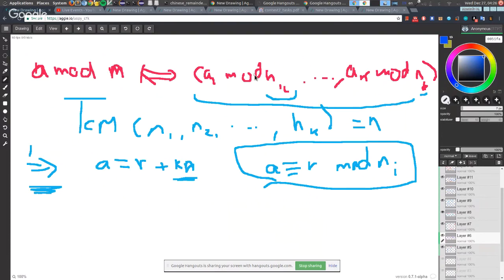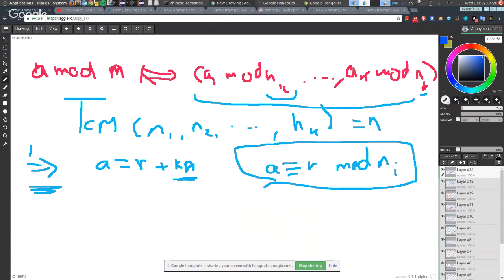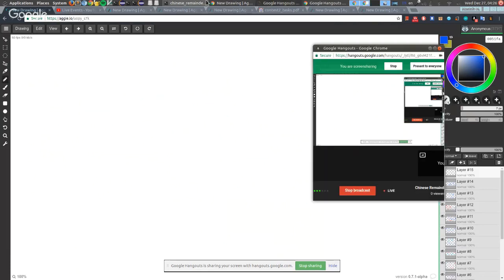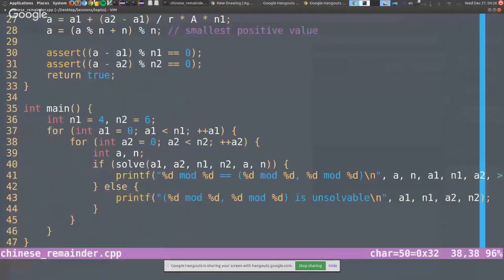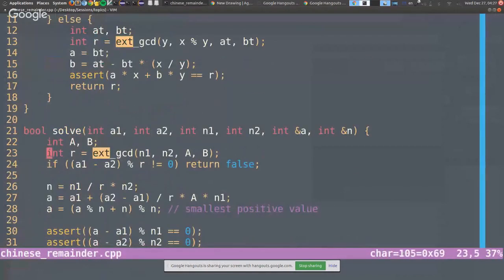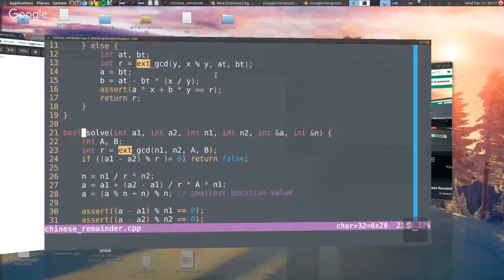Right now we can only do it for two equations, but it actually doesn't matter. We can easily generalize that into more equations. Simply have what I would call a merge operation. So this solve, I would actually call it a merge. So it would merge two equations into one.